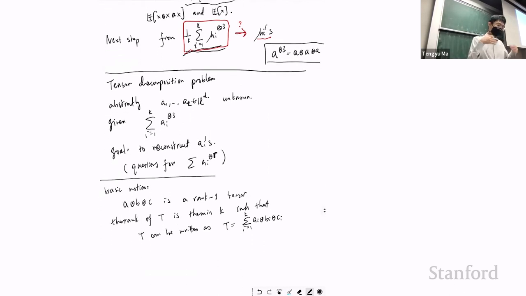The reason why this is called decomposition is that you observe this sum of rank 1 tensors, and you want to decompose it into components, and each component is rank 1. This is sometimes called CP decomposition because there are other decompositions for tensors that could be meaningful in other cases. But it's also fine to just call it tensor decomposition, because this is the most popular decomposition for tensors.